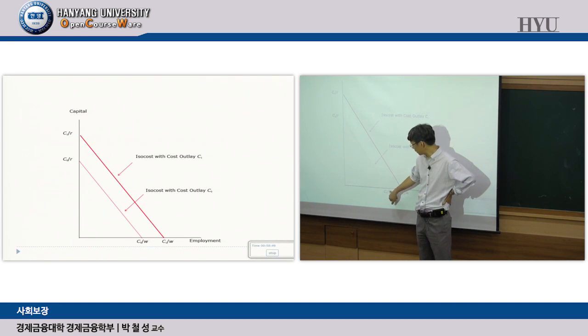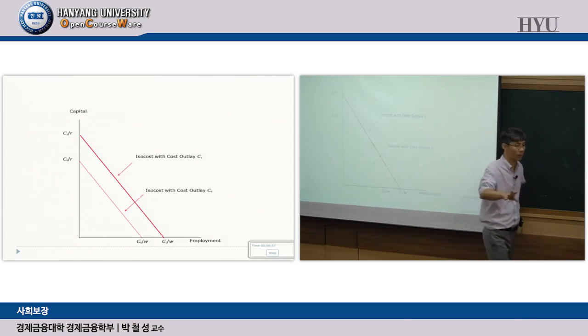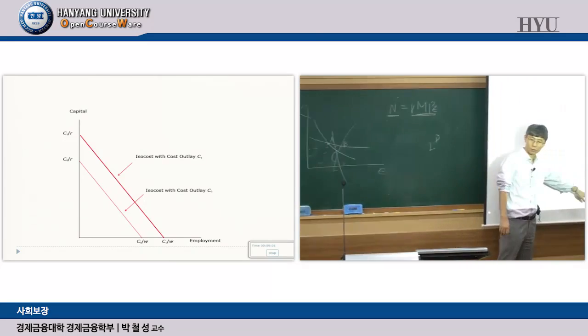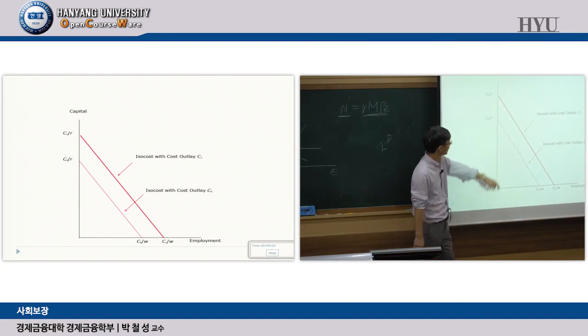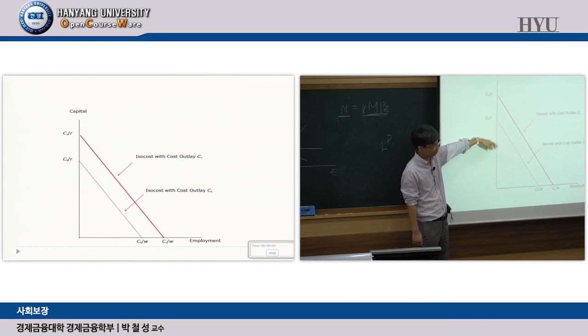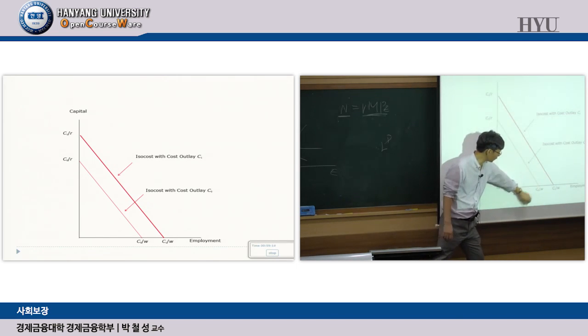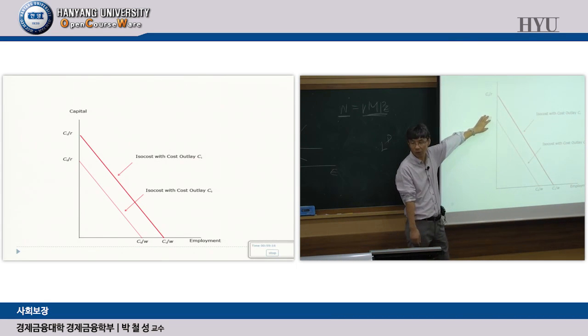So that's C0 over W. This is the maximum labor input the firm can have. No capital, only labor, C0 over W. W is the unit cost of labor, and R is the unit cost of capital. So if the firm does not use any labor, only capital input, it's going to be C0 over R. So one extreme is C0 over W, the other extreme is C0 over R.